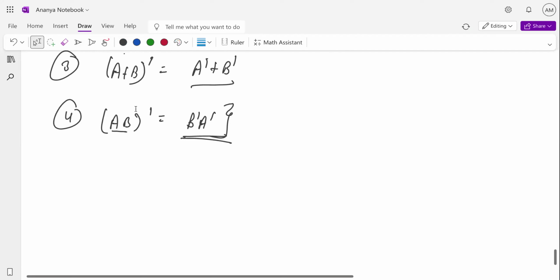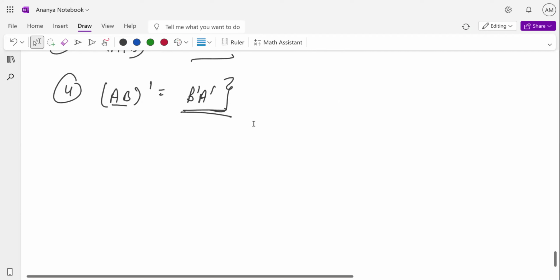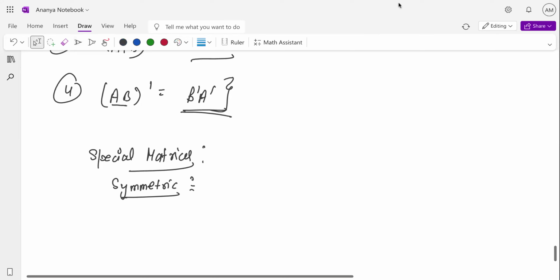So that's it. Now the next thing is some special types of matrices. Special matrices. What is the first one? That is the symmetric matrix. What do we mean by a symmetric matrix?